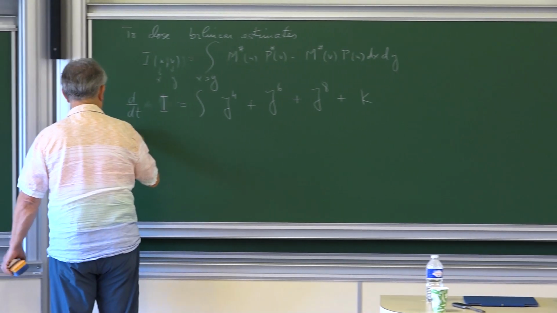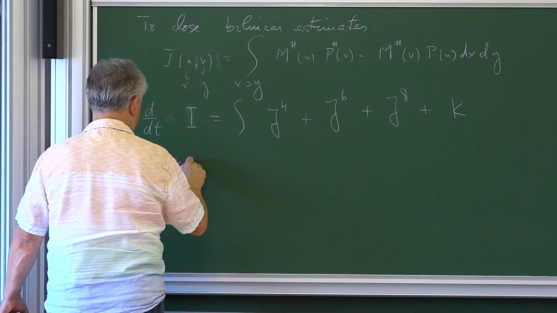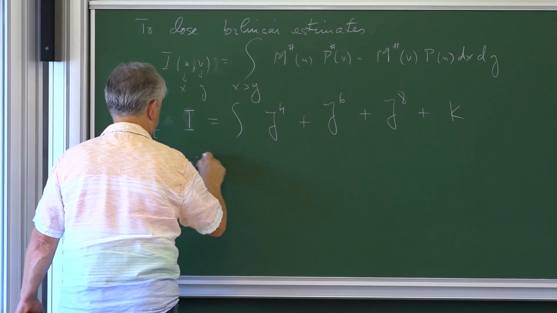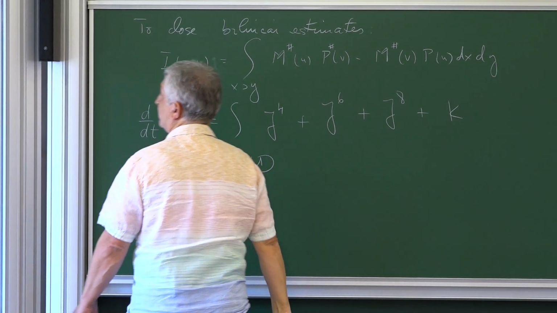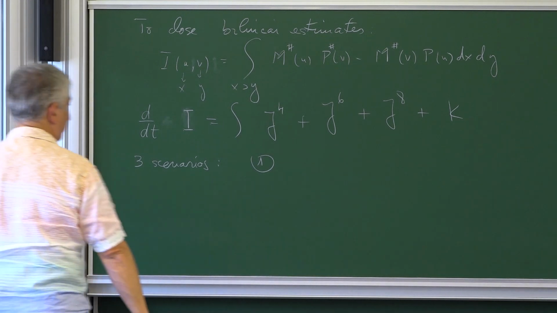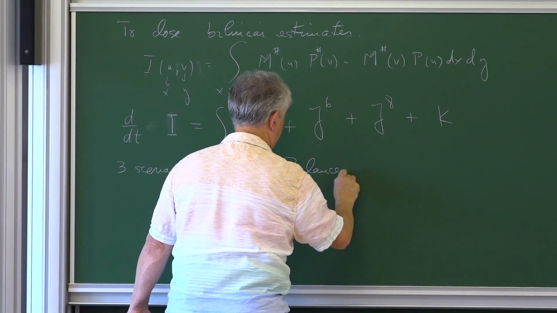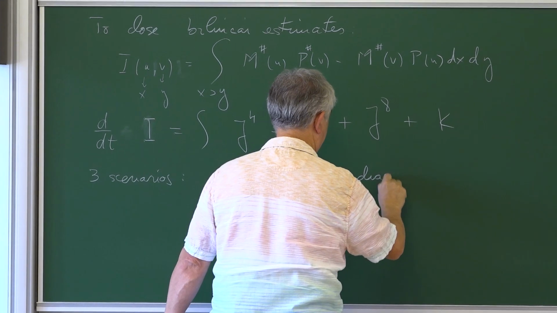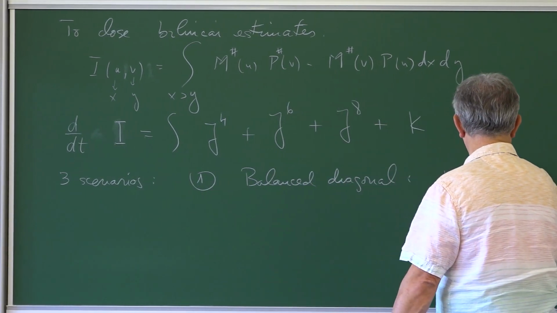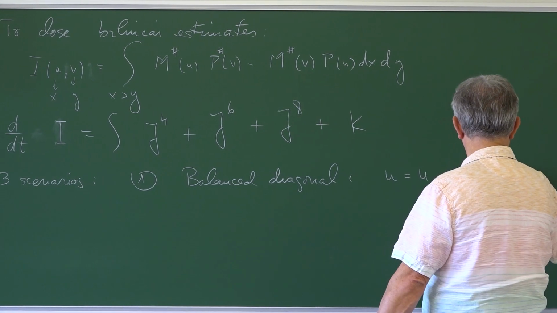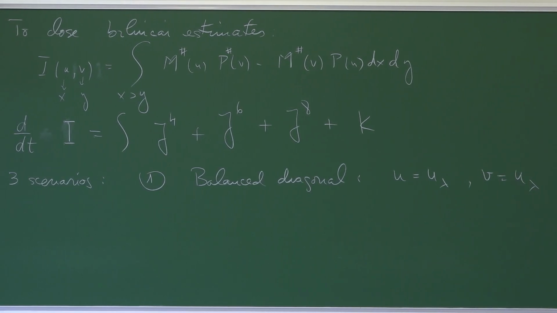So we take maybe 3 scenarios. The first scenario was the balanced diagonal case. That was for u is equal to u lambda, and v is also u lambda. So this applies to exactly the same object.